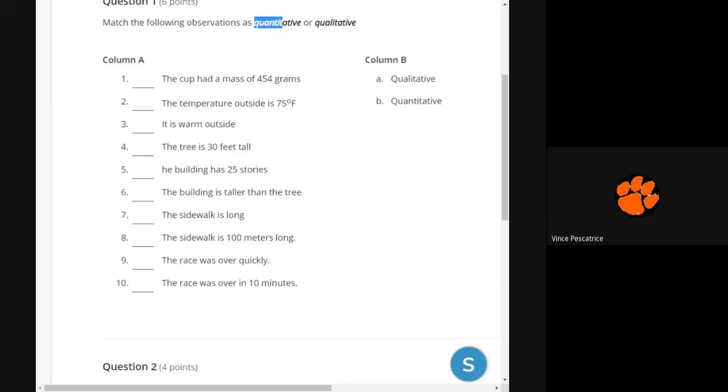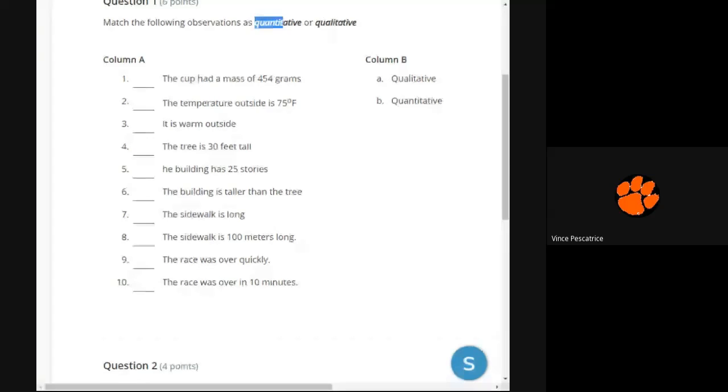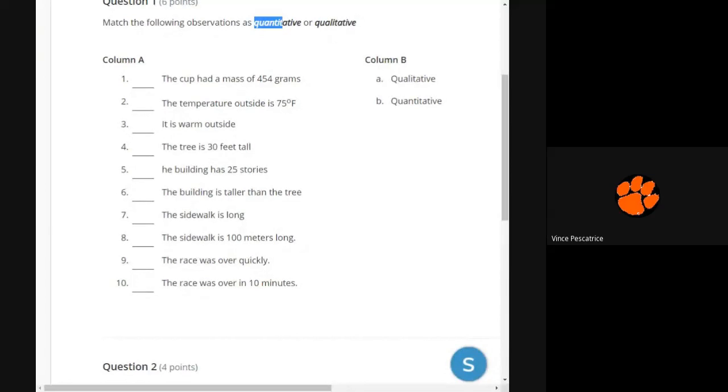If I said you had a large quantity of candy, you would have a lot of candy. If you have a large quantity of shoes, you have a lot of shoes. If you've ever ordered anything off Amazon and they give you that receipt, on there you'll see an abbreviation that says QT, and that means quantity, how many items were in that box.